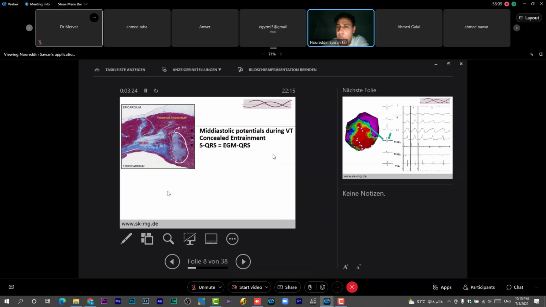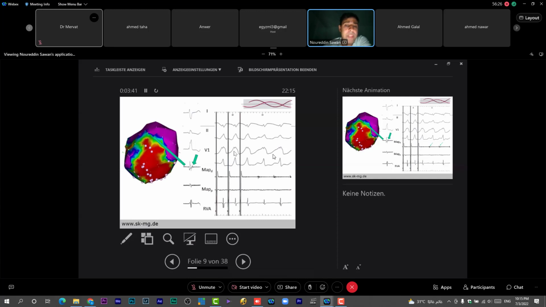However, if we want to make an activation map, as Dr. Taha explained all of these things very well, we are able to find mid-diastolic potentials and to perform concealed entrainment. Here is an example in this patient. You see here the scar area, and this is the potential that we saw during sinus rhythm, and this is the ablation catheter.